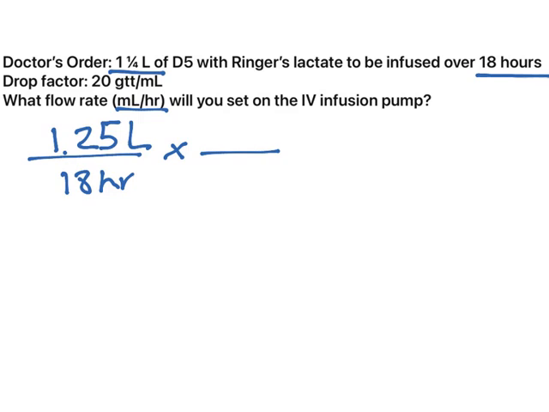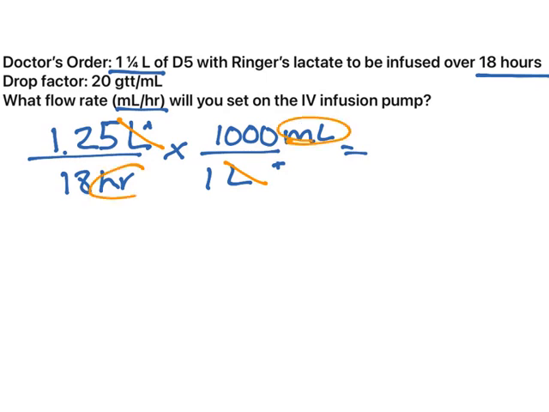So let's get liters out of the way. If liters is on the top, liters need to be on the bottom. So 1 liter is 1,000 mLs. Then the liters cancel out, and we're left with mLs per hour.